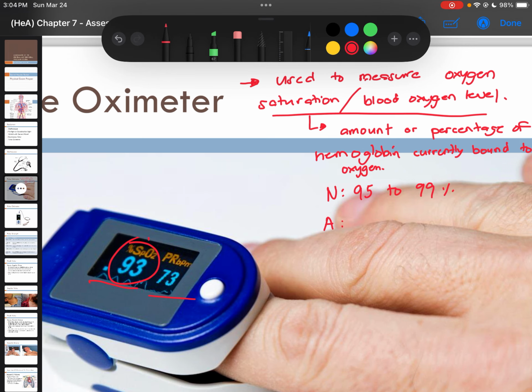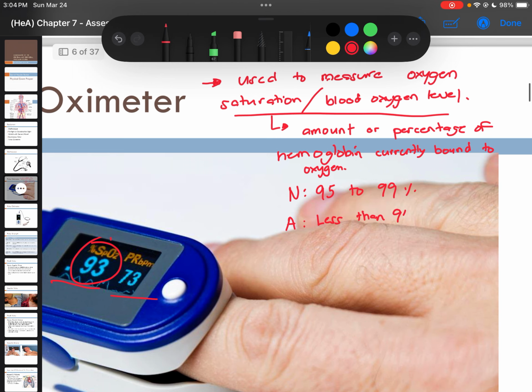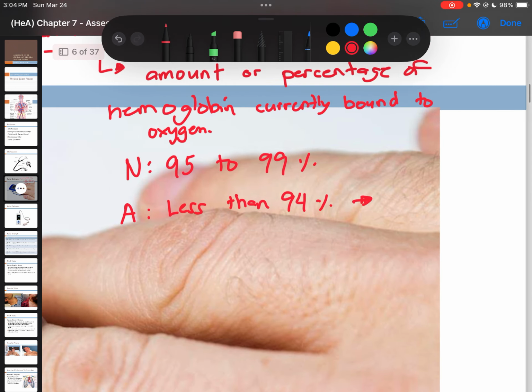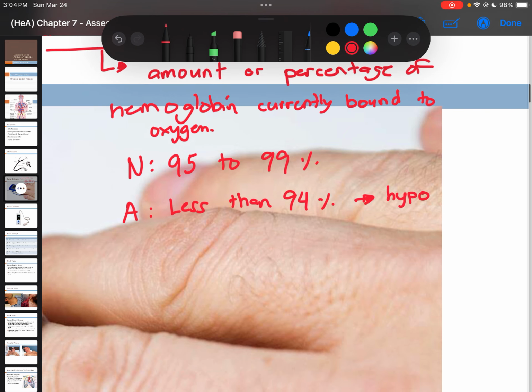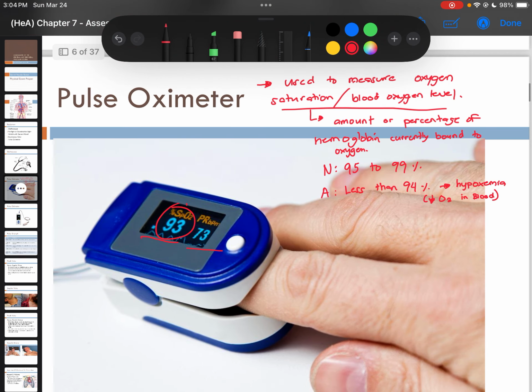If it is less than 94, the patient might be suffering from what we call hypoxemia. When we say hypoxemia, there is decreased O2 in blood.